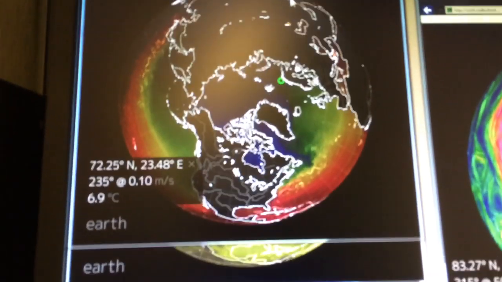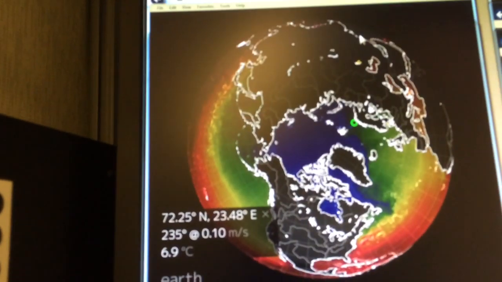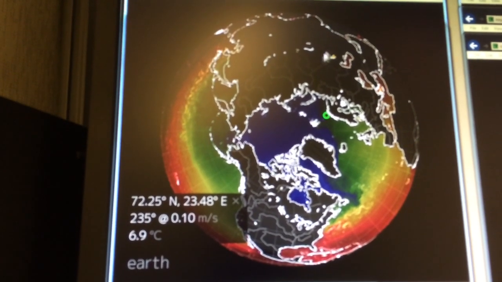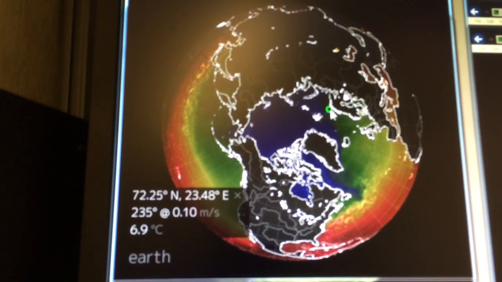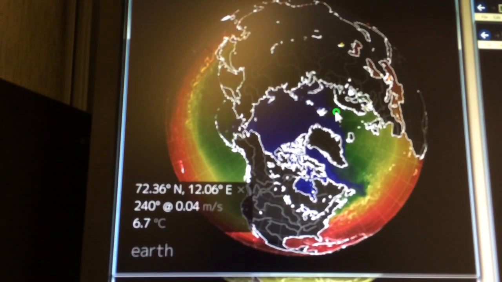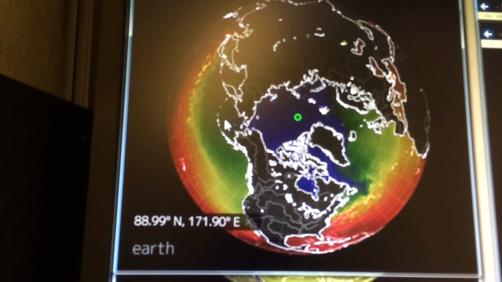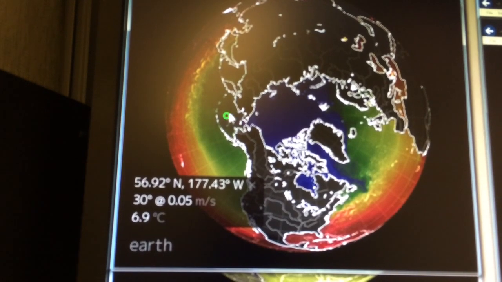And over here, what we're looking at now in this image is the sea surface temperature. What you can see is the water temperature at the surface is 7 degrees C here. Over in here there'll be no reading because it's ice. Over here it's about 7 degrees Celsius.